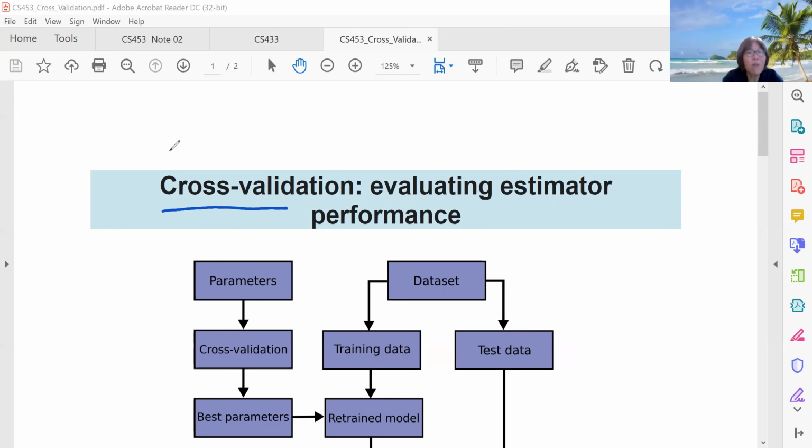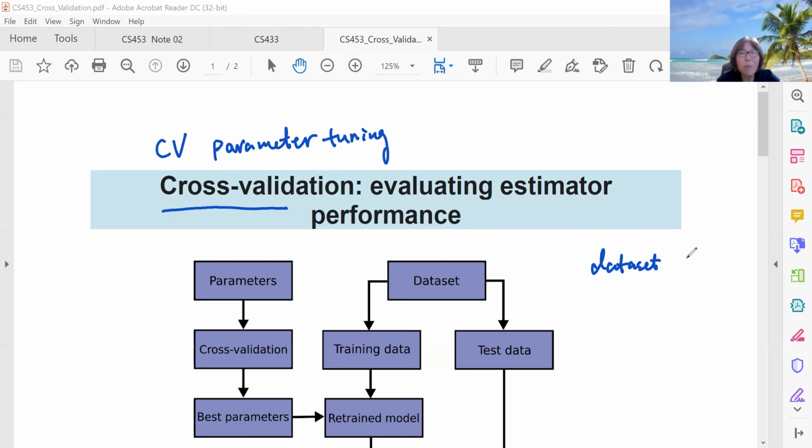What is the next one we want to discuss? It's cross validation, CV, which you will also see a lot of the time. This is normally for parameter tuning. Previously, if you recall, we split the data set into training and testing. If we just use training to do parameter tuning, a lot of the time it won't give highly efficient results.